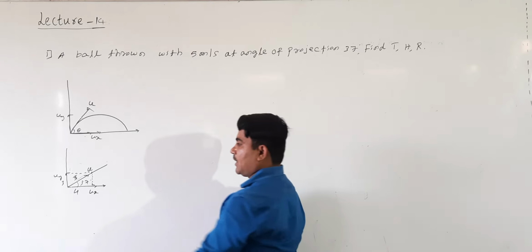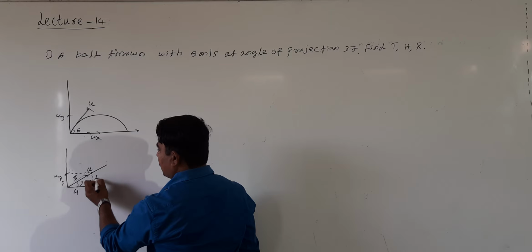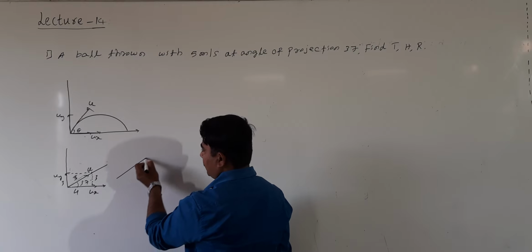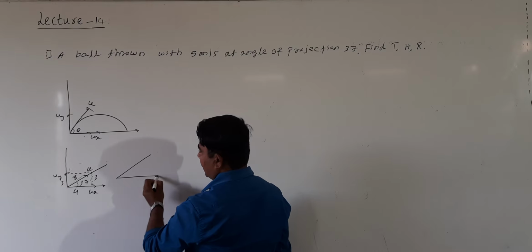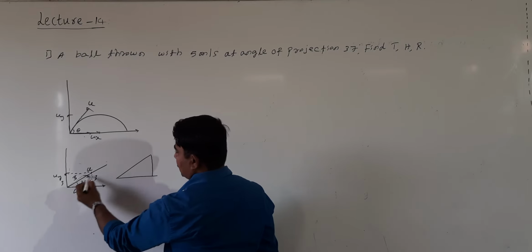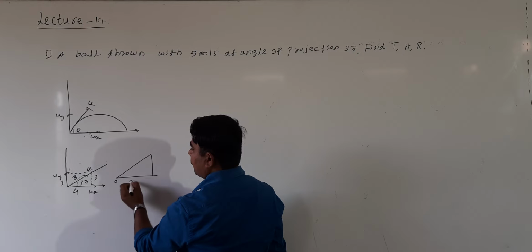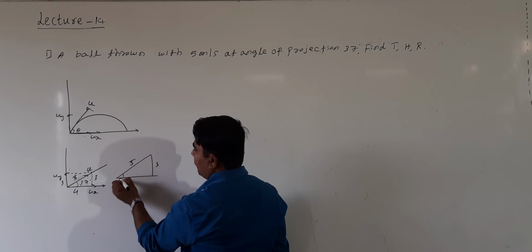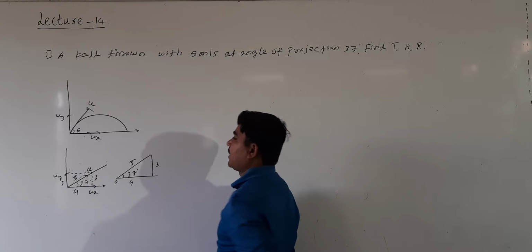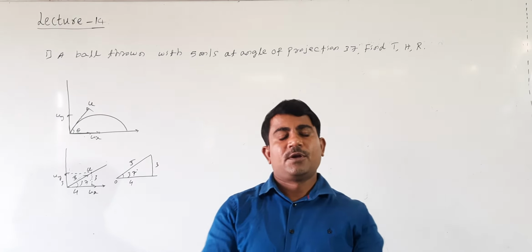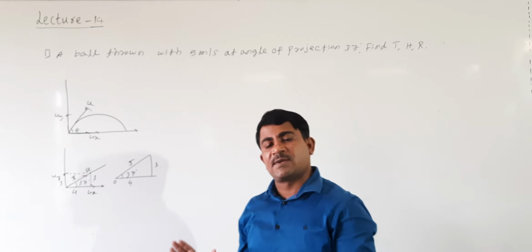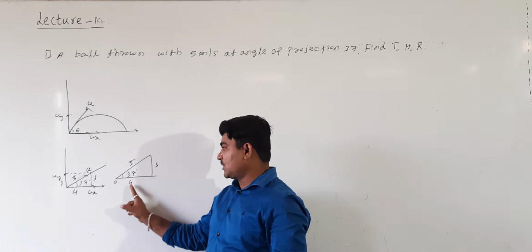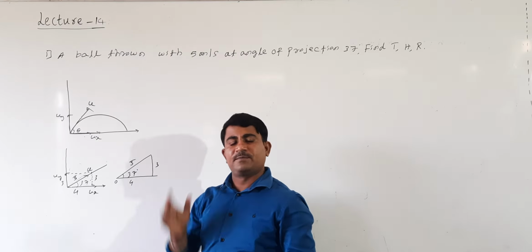See here, this is a triangle: this is 4, this is 5, this is 3. Remember this. Two triangles are famous. One is the 37 degree, the second one is the 53 degree. If it is 53 degrees, this becomes 3, this becomes 4 and this becomes 5.